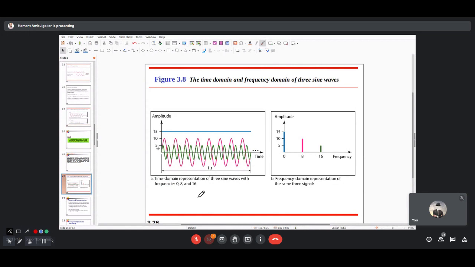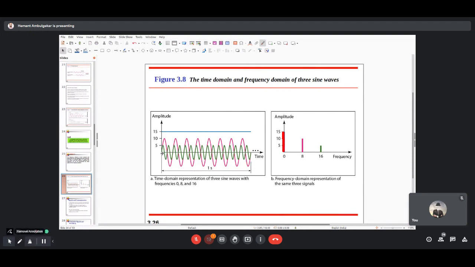Now look here, we have plotted these 3 sine waves in the time domain in figure A. So these sine waves have frequencies: 0 for blue, then 8.